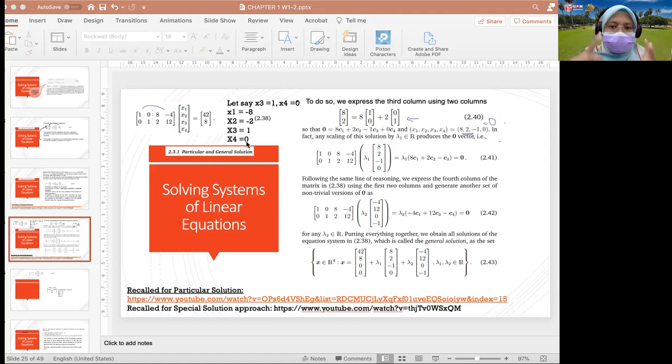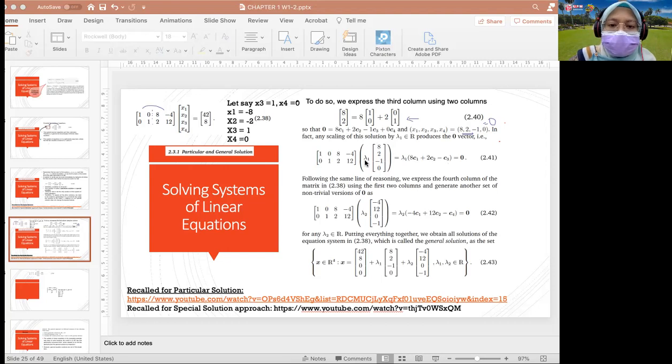Because of these differences, that is the reason why we need to include a scalar for this solution here. Since the x4 is 0, when we plug it into this equation, the x4 is definitely 0.